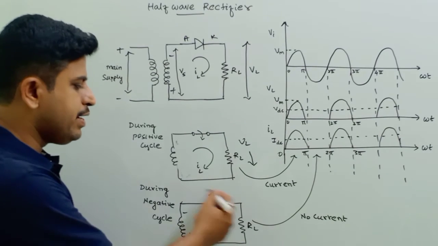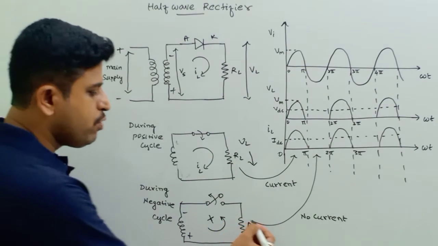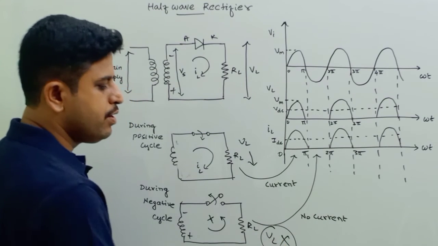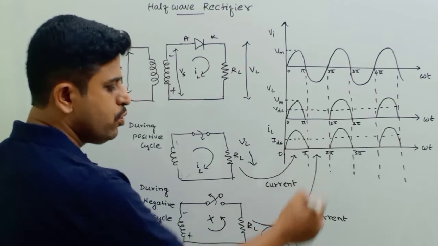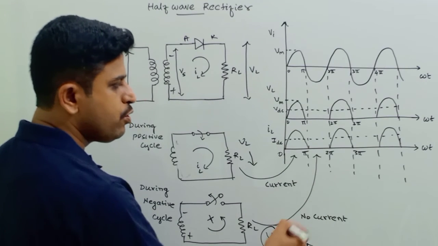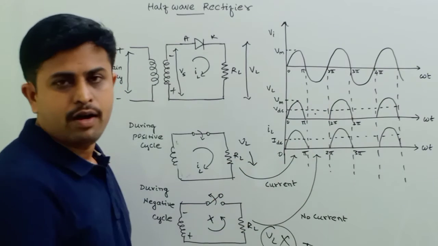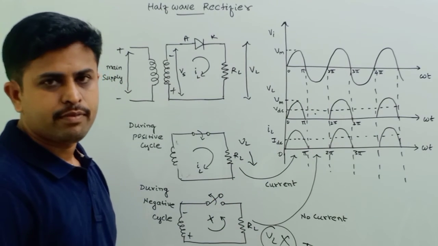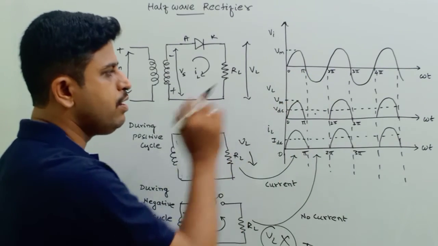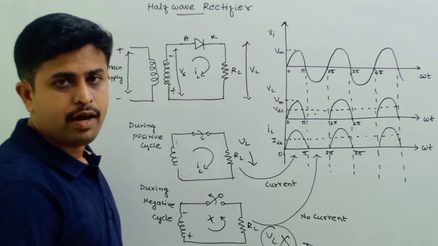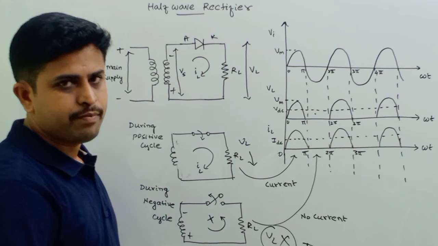If the current cannot flow through the load, then we won't get VL here. No VL, so no IL. So here we don't have any output. That means the negative half cycle of the supply voltage is not allowed to pass through the load.